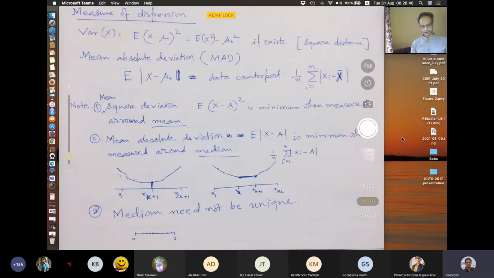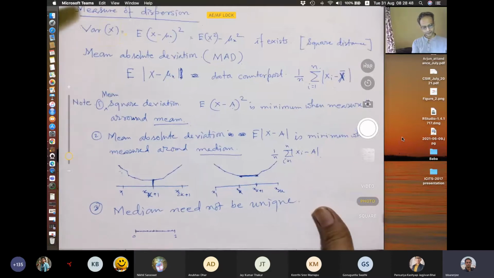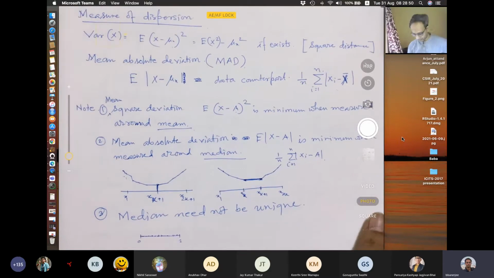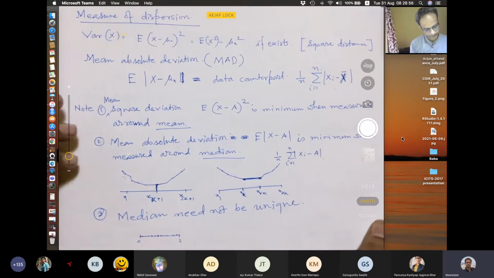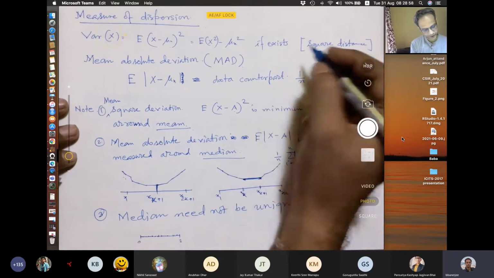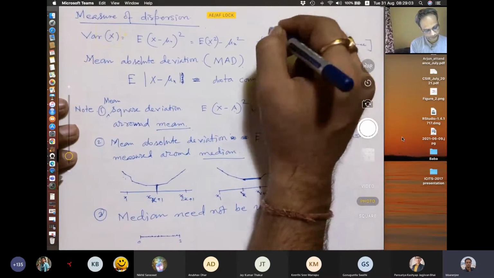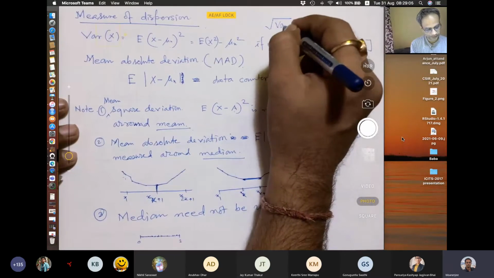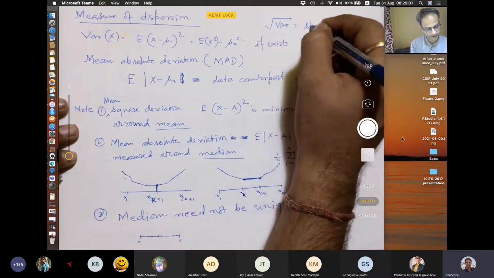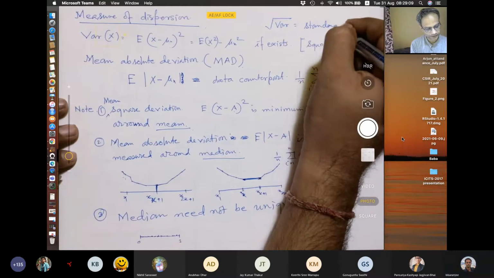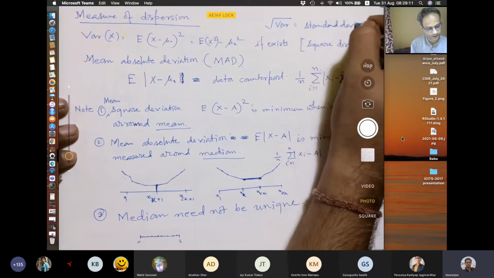Okay, so now let us move on to mean, median, mode, variance, mean absolute deviation. Another thing before we leave: the square root of variance is known as the standard deviation.